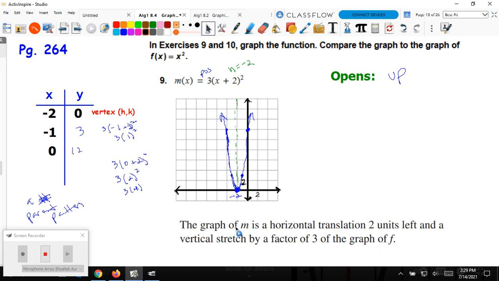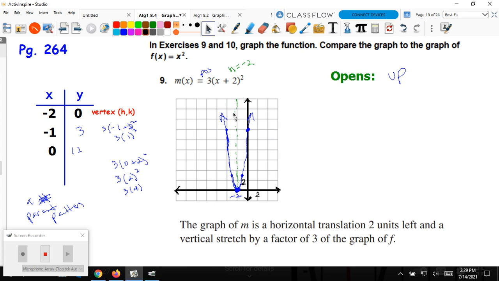So you need to write that down, and you can maybe abbreviate. You could say horizontal translation 2 units left and vertical stretch by a factor of 3. That's really the two things that are different from the parent function to this function. So your a number, like I said, is thin, it's narrow. It's narrower than the parent function.